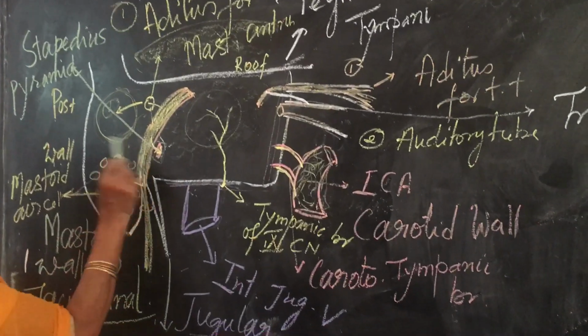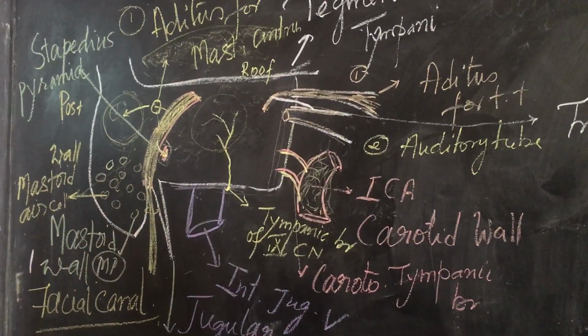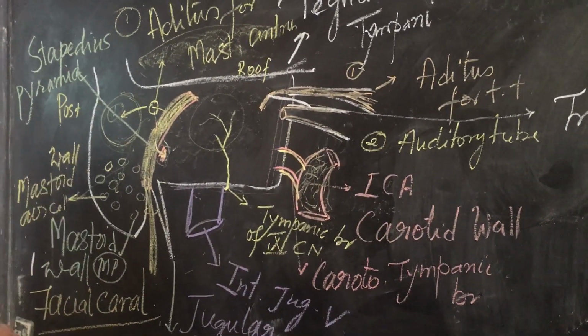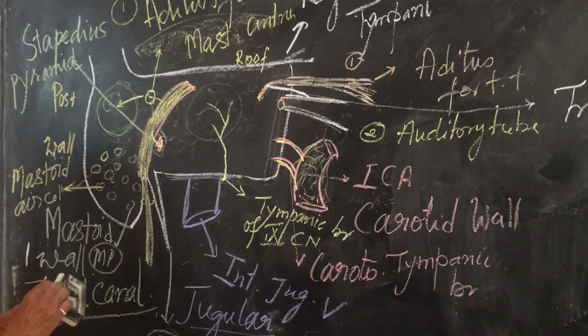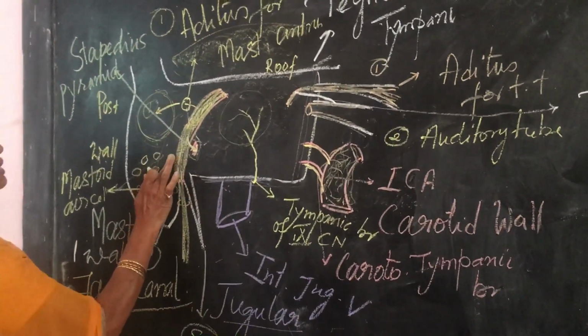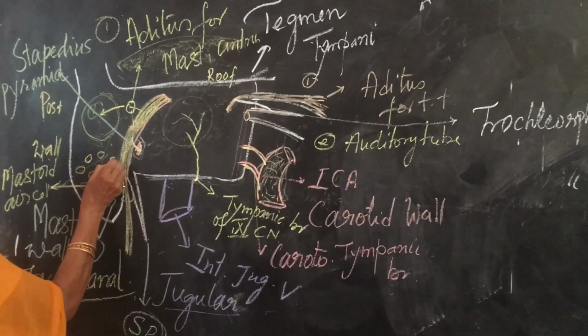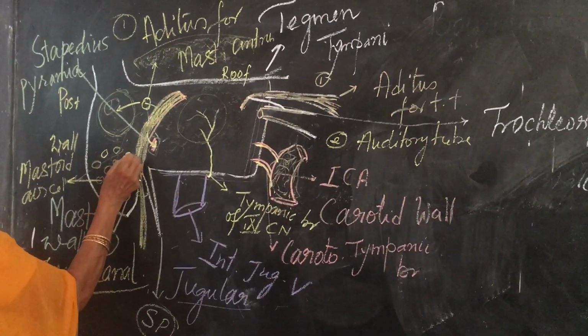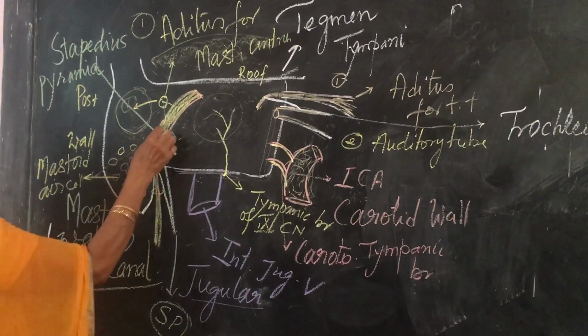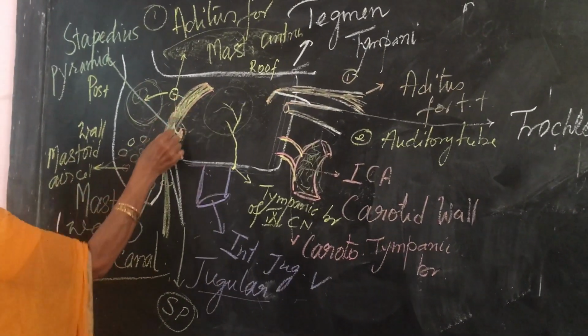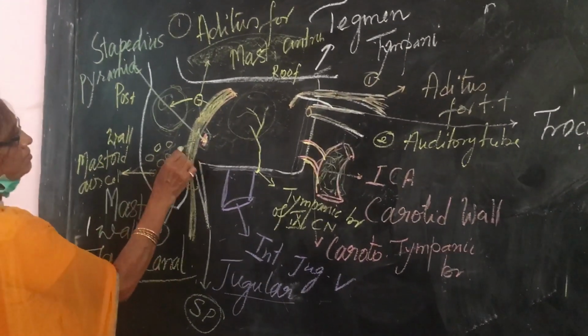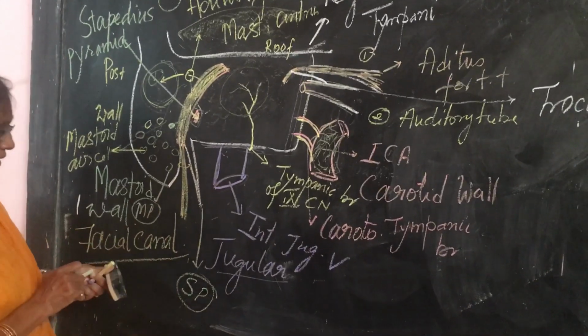So the pyramid is also a feature of the posterior wall, and there is a small opening here. This is the posterior canaliculus for the chorda tympani. So the parasympathetic fibers enter the posterior canaliculus and come out to the anterior canaliculus.